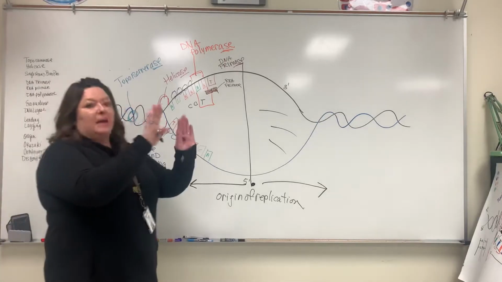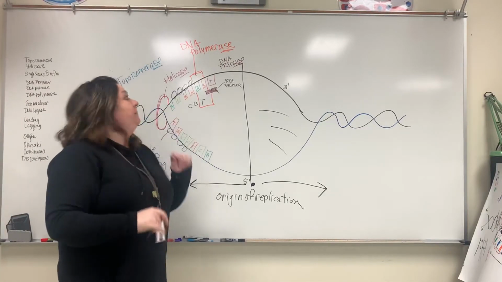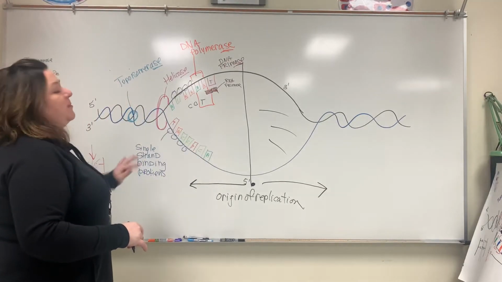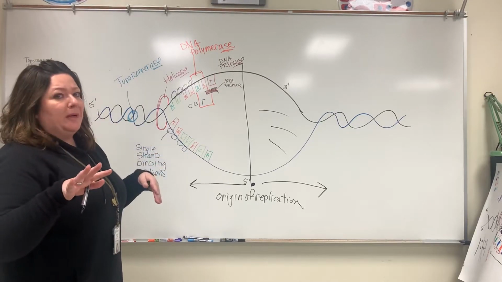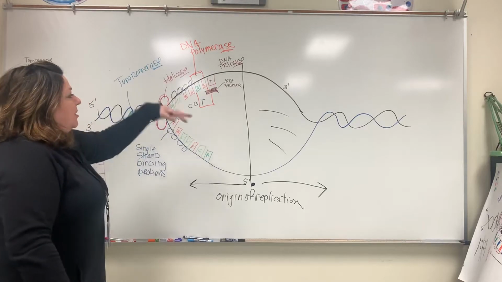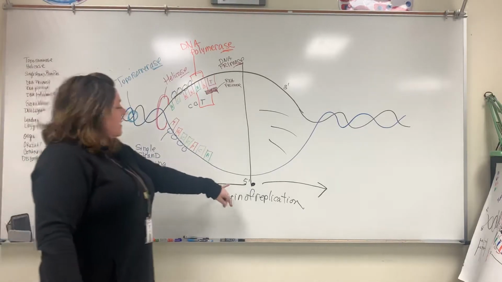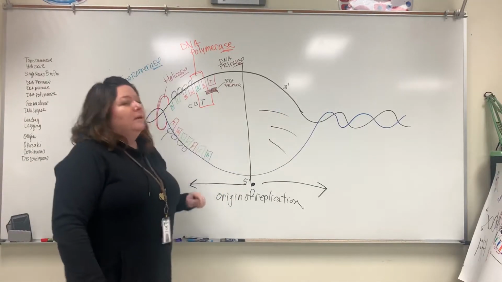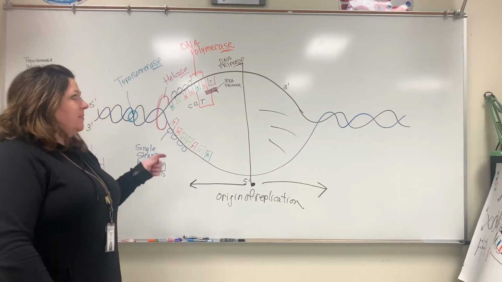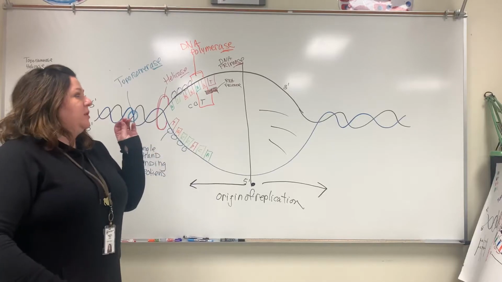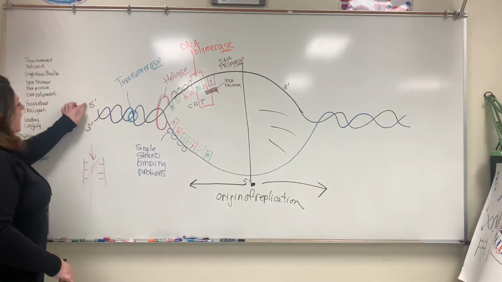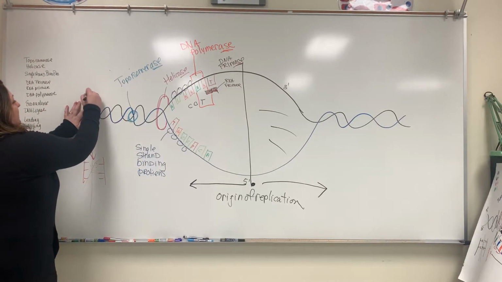Remember, they're anti-parallel, okay? And by the way, you can't tell from this drawing which is the 3' end or the 5' end. When you see drawings like this, you're gonna have to rely on the labeling of it. So I'm just kind of making up the sides right now. But if you were to really identify it, remember that the 5' end is going to have the phosphates.